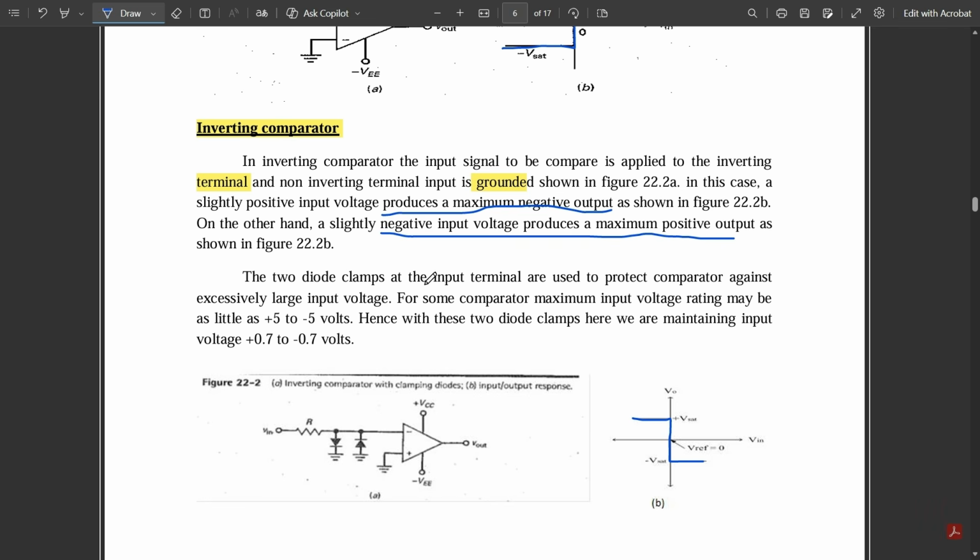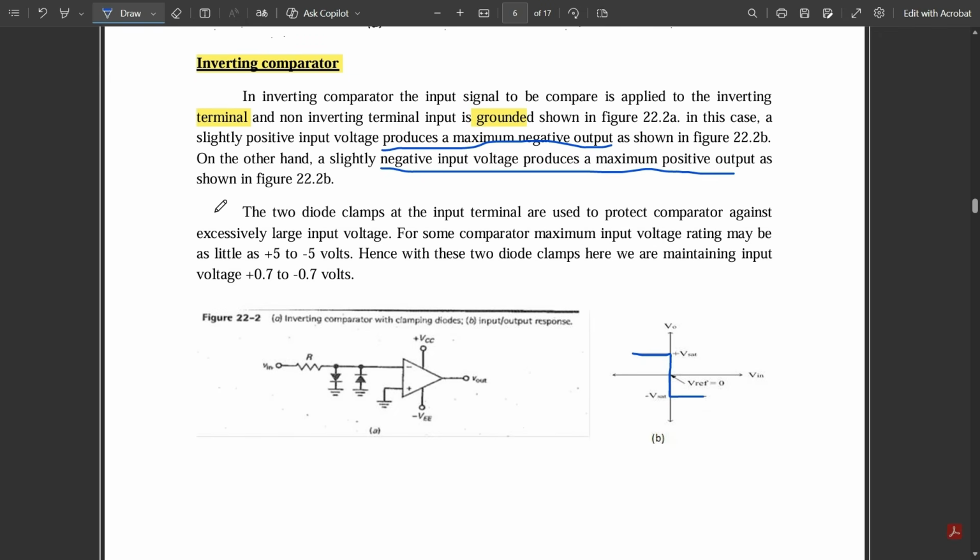Why are the diode clamps used? The two diode clamps at the input terminal are used to protect the comparator against excessively large input voltage. In case we have some very high input voltage, the diode clamps protect it by sending the unnecessary signal through the clamps in order to reduce the value of voltage.